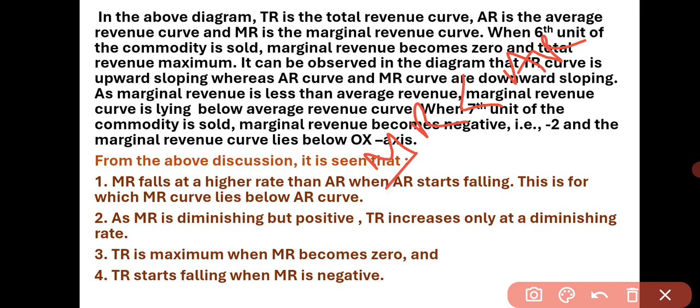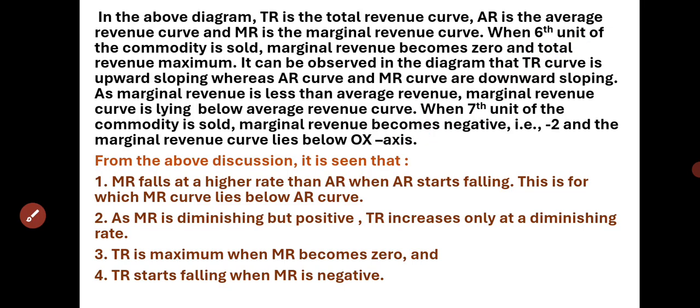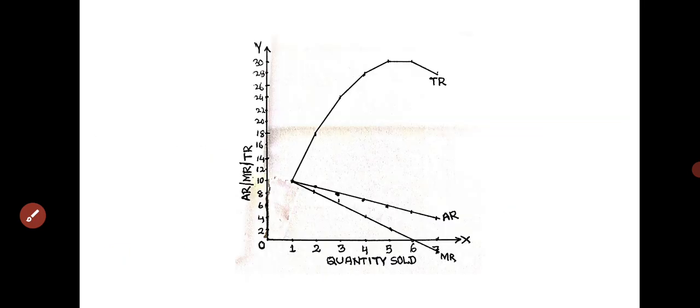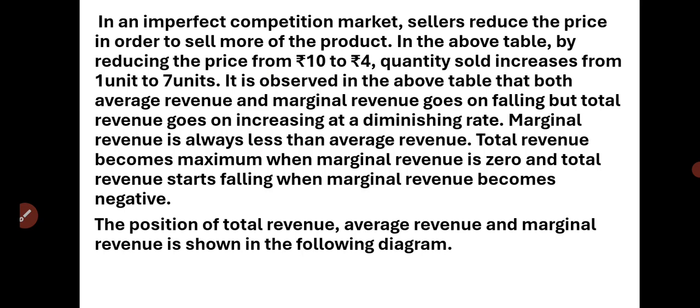right? As MR is diminishing but positive, TR increases only at a diminishing rate. We have seen this. You see, MR is positive up to the point where the MR curve touches the OX axis.